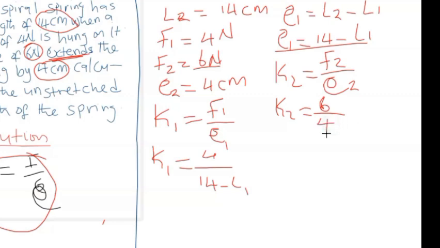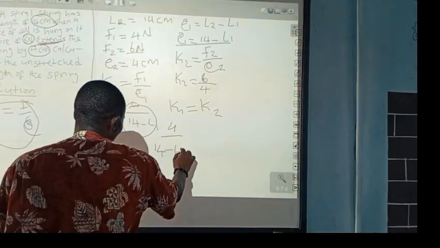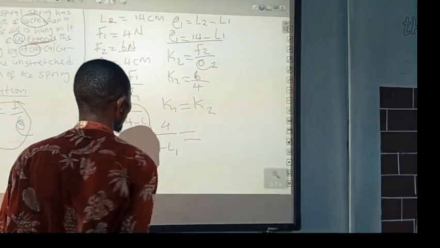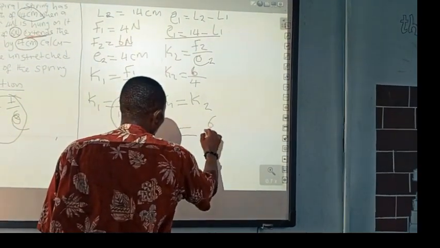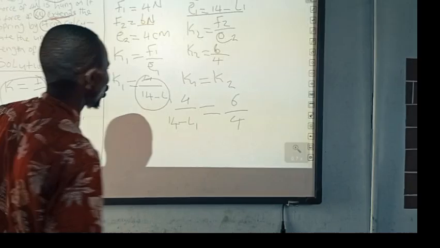Okay. Now, since it's the same spring constant, we are going to have K1 equal to K2. I will substitute. This is my K1, I have 4 over 14 minus L1, equal to my K2, 6 over 4. All right, in this order.